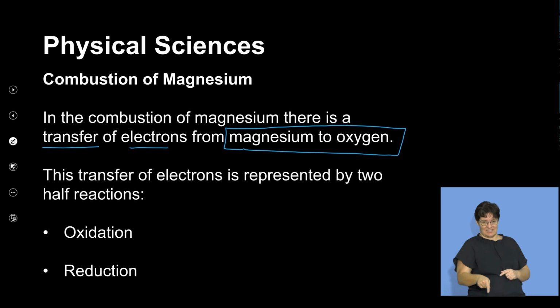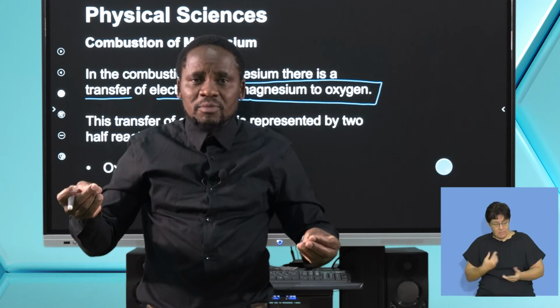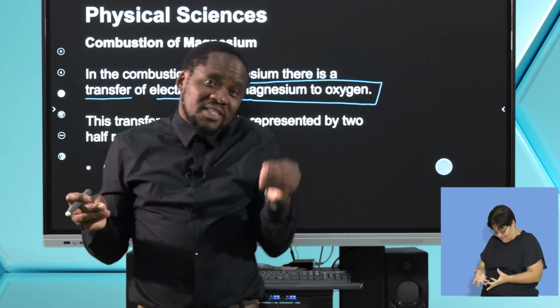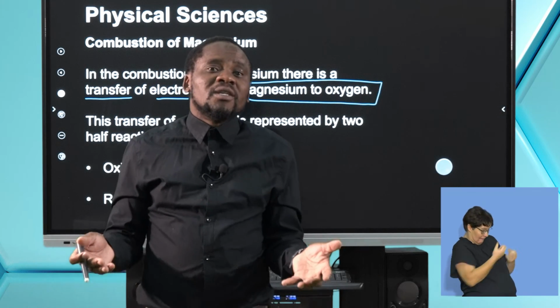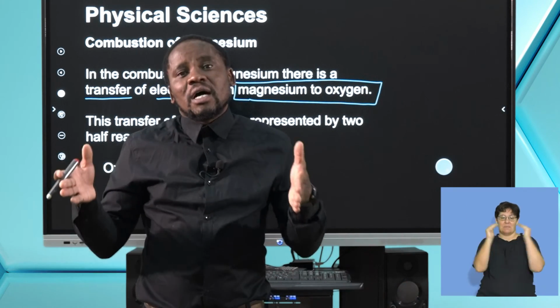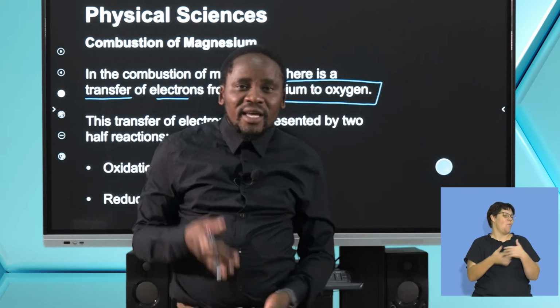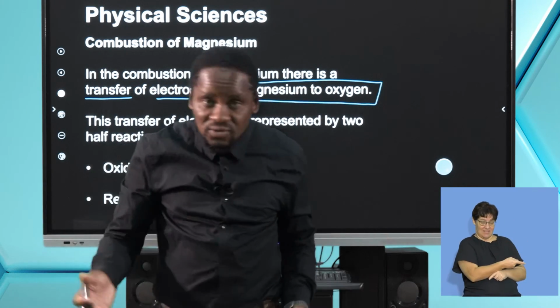When we talk about a transfer, there is some kind of donor-recipient relationship. So if somebody gives, somebody must gain. But whatever is given must be the same as what is gained for a transfer to be fair. So whatever magnesium lost, oxygen should have gained the same amount. So that's the transfer.